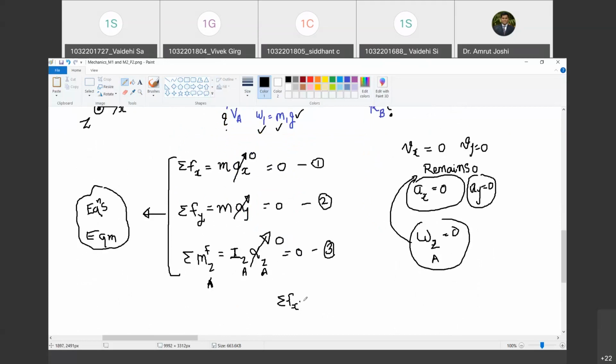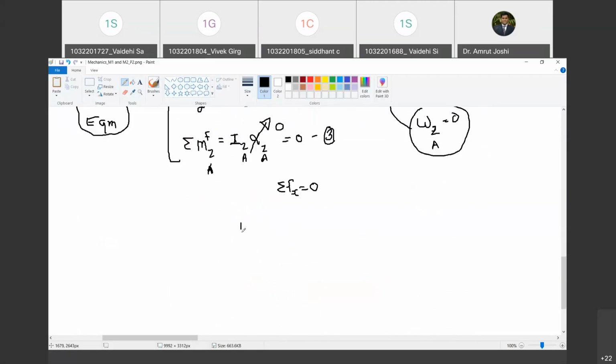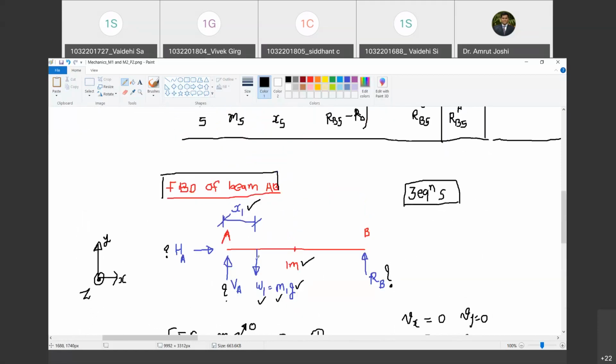Let us say I have used summation Fx equal to 0. Can you tell me what will come in this? If I apply summation Fx equal to 0, HA, is it horizontal? Yes, sir. So HA, is it in positive x direction? Do you agree with me? Yes, sir. So I will have to write plus HA. Agreed? Yes, sir. What else is there in x direction? W1 cannot have any component along x. Do you agree?